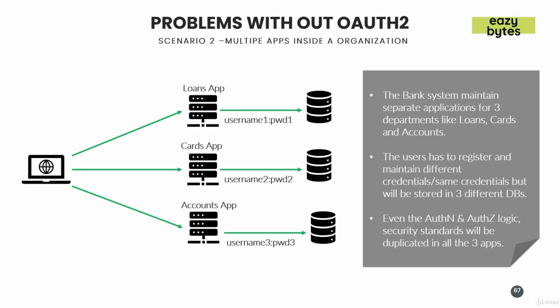At most, you can avoid saving the credentials in multiple databases and save them in a single database. Even in such scenarios, your applications will have duplicate logic defined in all of them, whether it is the authentication flow, the authorization flow, or security standards. So everything will get duplicated in all these applications.